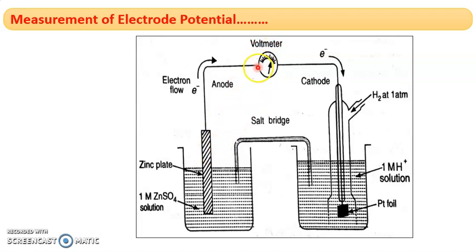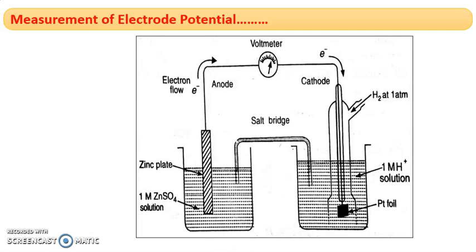So the potential difference given by the voltmeter is the oxidation potential. When the conditions are standard conditions, this is the standard oxidation potential of the sample electrode. The sample electrode taken here is the zinc electrode.